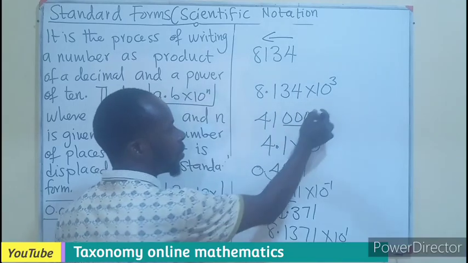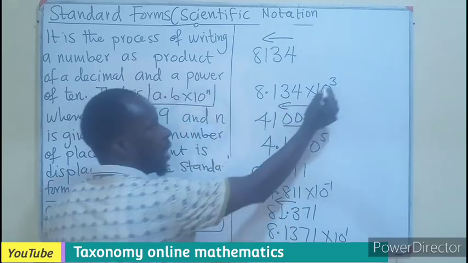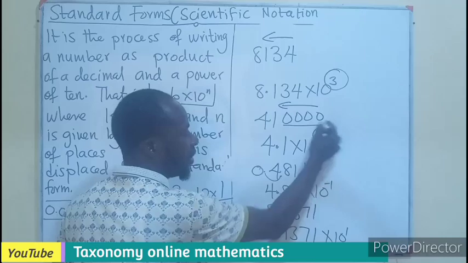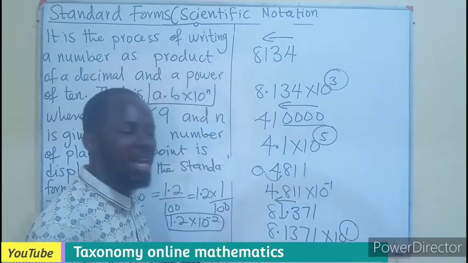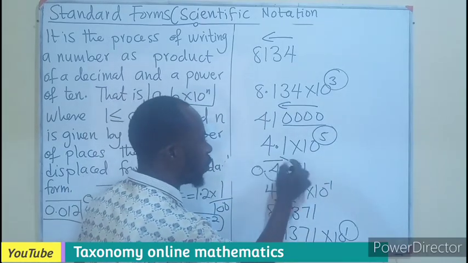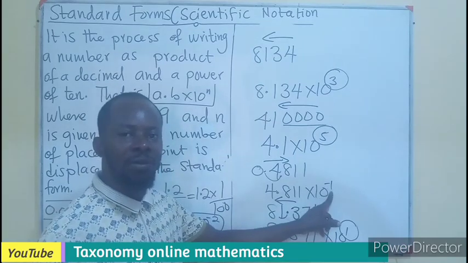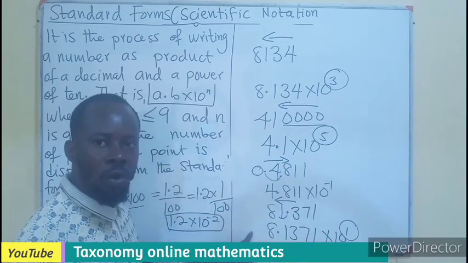A positive exponent. If it goes from left to right, then you have a negative. So take note of these 2 points also.